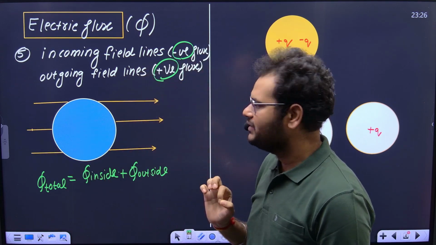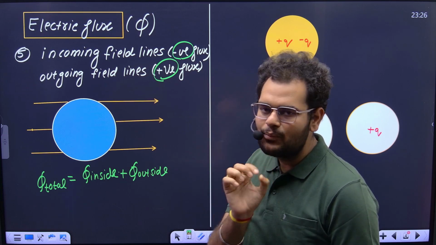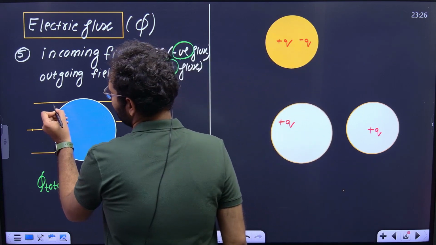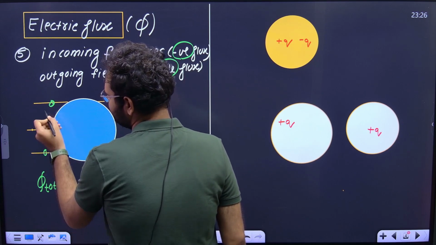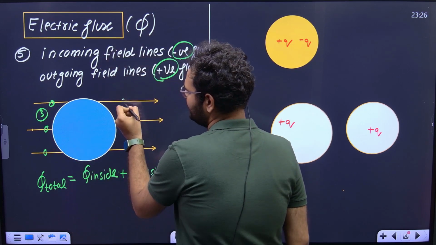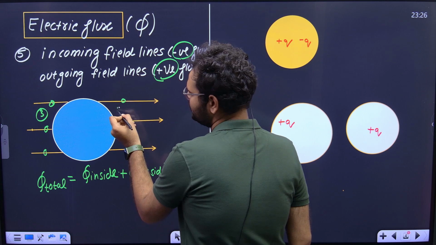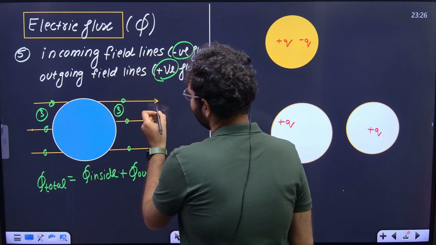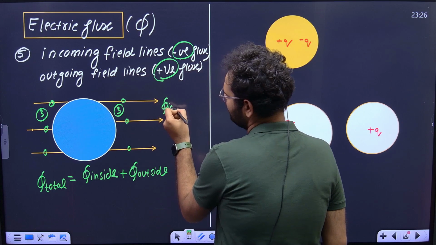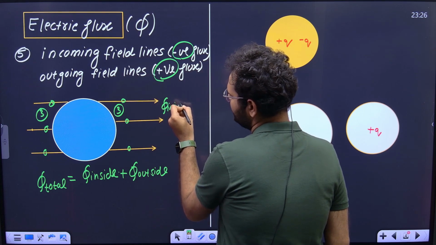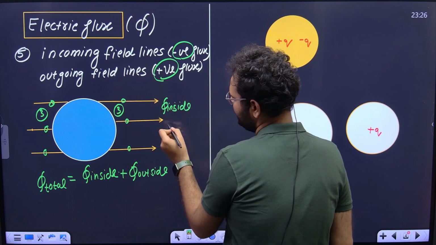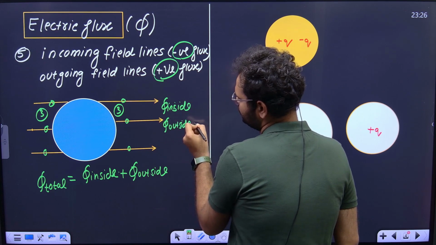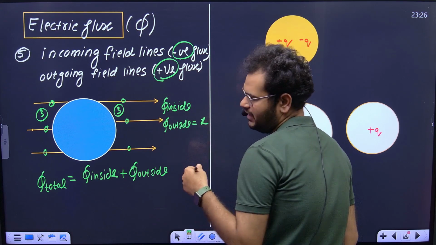So lines coming inward plus lines going outward. Now you tell me one thing. What was flux? The number of field lines passing through an area. Can you see that? 1, 2, 3. Here 3 lines are entering, and here 3 lines are leaving. Let us assume the outside flux is x, which is a number.